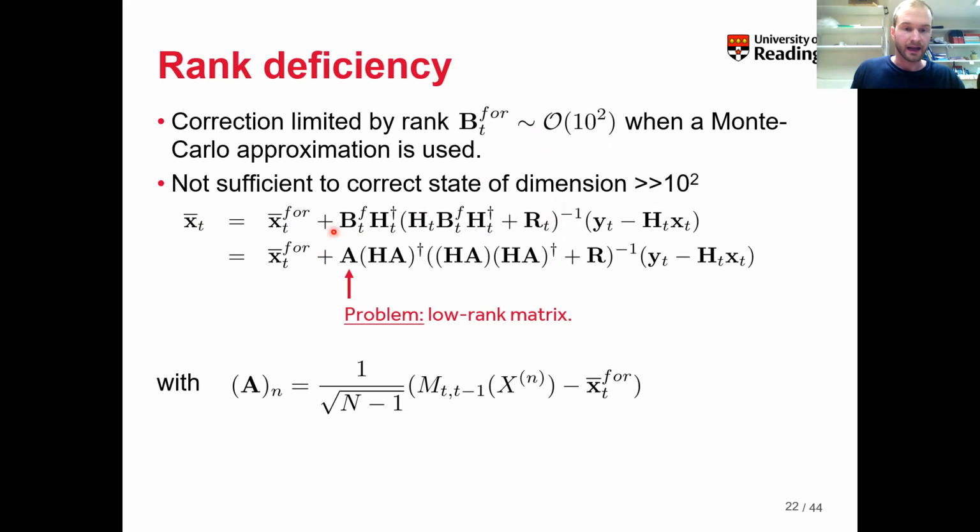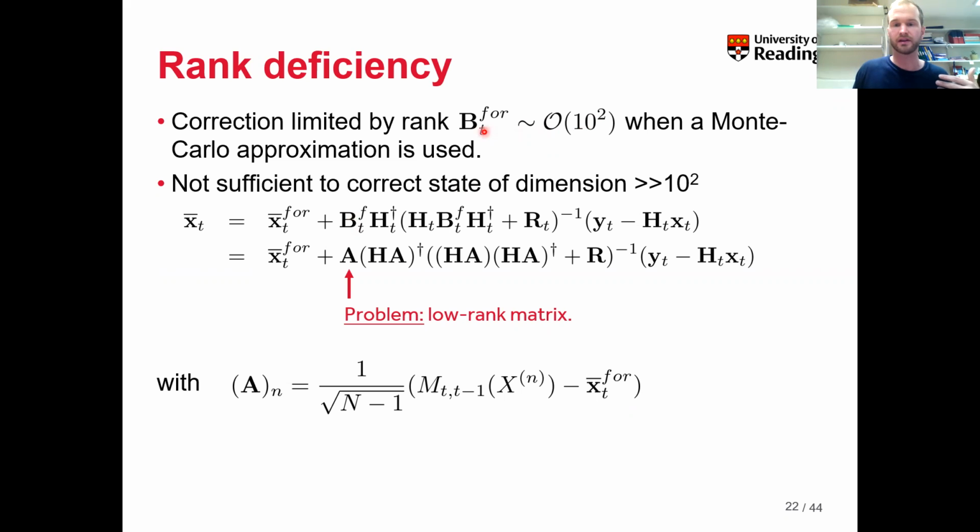if you look at the equation that describes the data assimilation update, you will see that the update, which is this, lies in the image of the matrix B. And we use the samples to approximate this matrix.